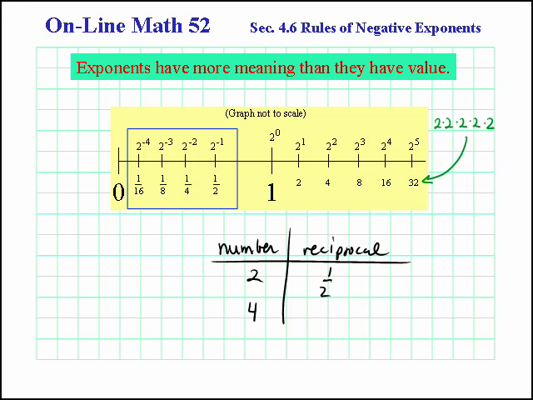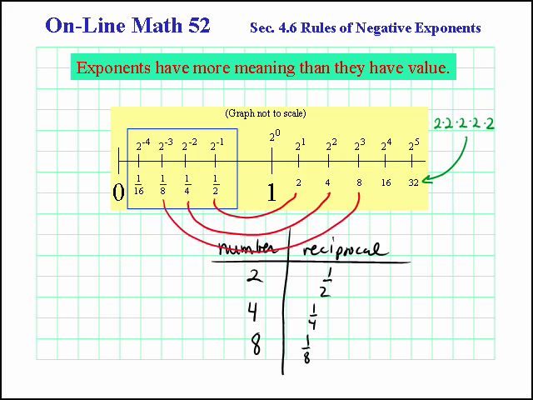If the number were 4, the reciprocal would be 1/4. If it were 8, the reciprocal would be 1/8. You see the connection? 1/2 is the reciprocal of 2. 1/4 is the reciprocal of 4. And 1/8 is the reciprocal of 8. And on and on and on.